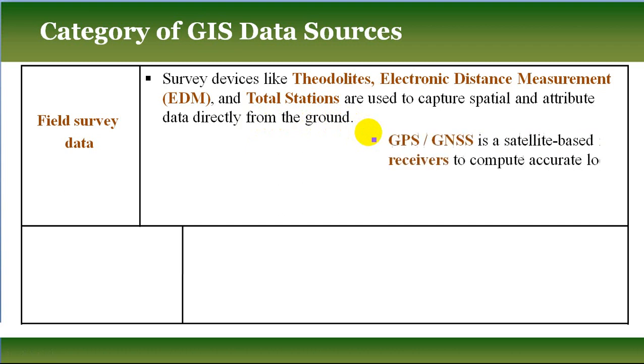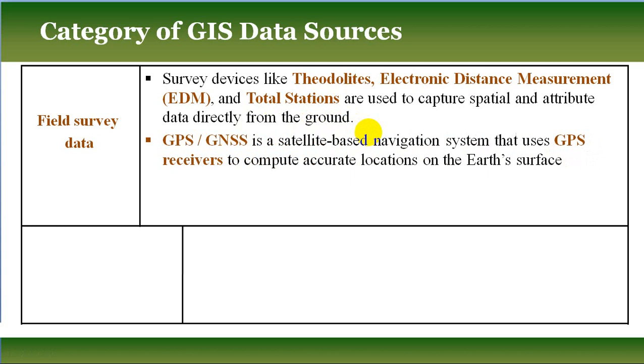Or you can use GPS or GNSS, like a satellite based navigation system. You can use a GPS or GNSS receiver to compute accurate locations on the earth's surface. Using your GPS receiver, you can also collect geographical data directly from the ground. Even you can use your smartphone as a survey instrument.